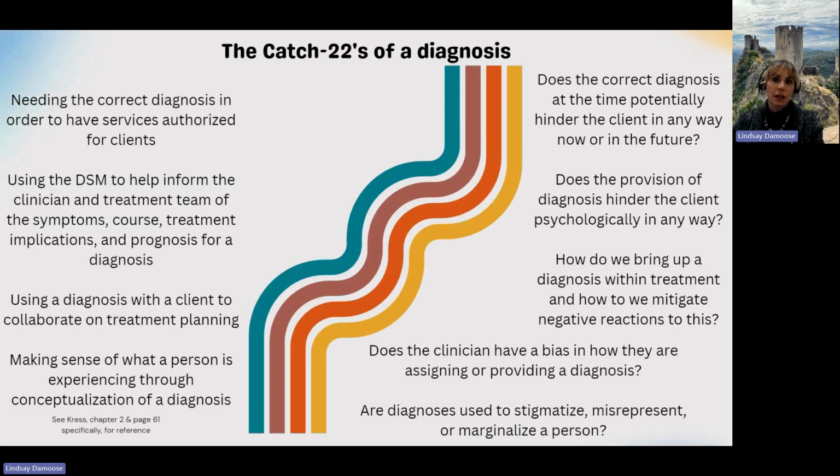So there's the catch-22 of the diagnosis: it's not necessarily a magic bullet. It doesn't fix everything. On one hand, as far as what the text talks about, we might need a diagnosis, or in a lot of ways for managed care, we do need a diagnosis, because this demonstrates that a person's functioning under the DSM is severe enough to warrant the particular level of treatment that they're in.